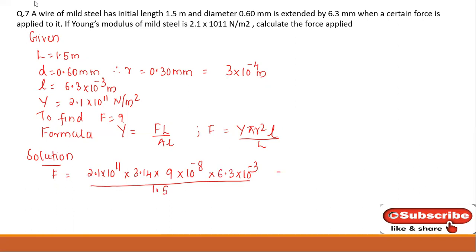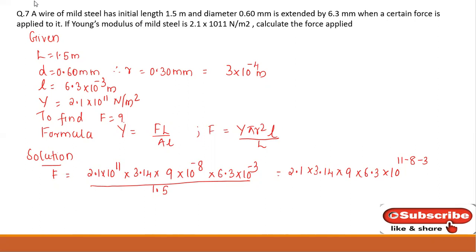So first we will solve the power of 10. 2.1 into 3.14 into 9 into 6.3 into 10 raised to 11 minus 8 minus 3. Minus 8 minus 3 is minus 11. So 11 minus 11 is 0.